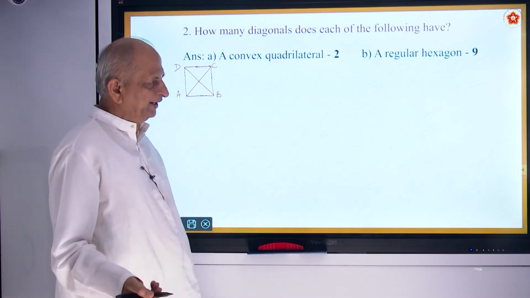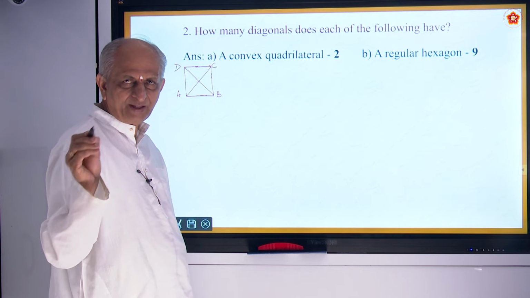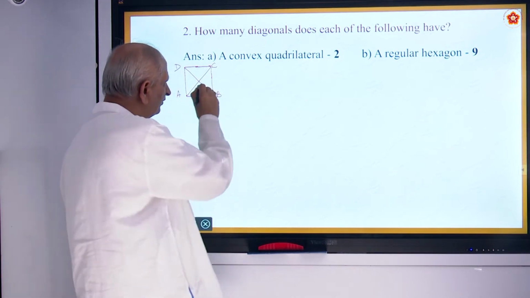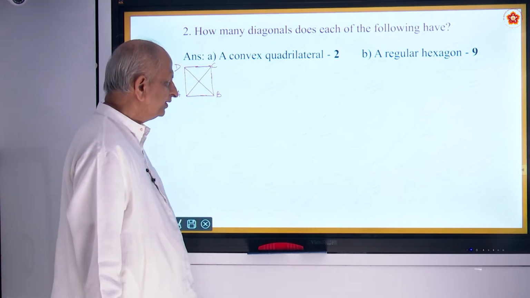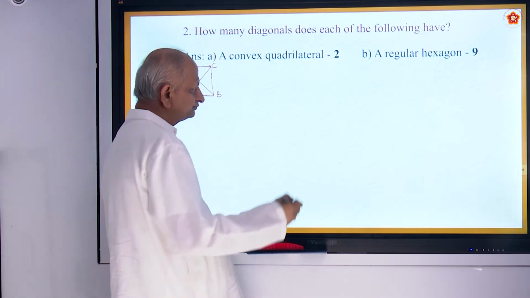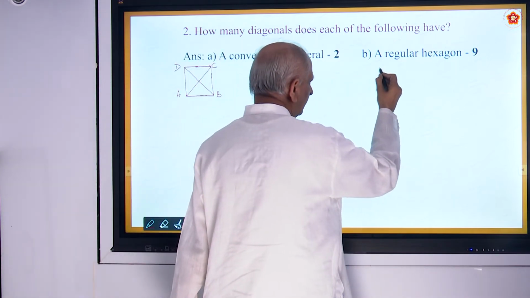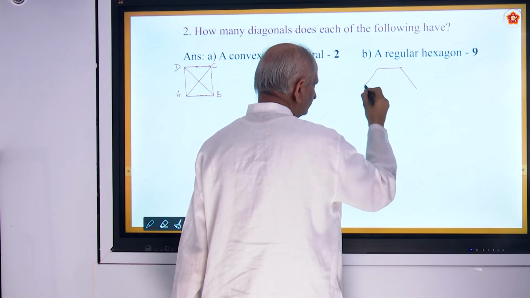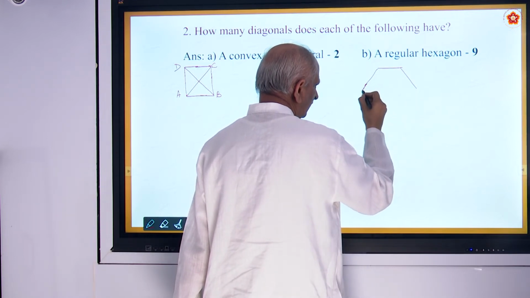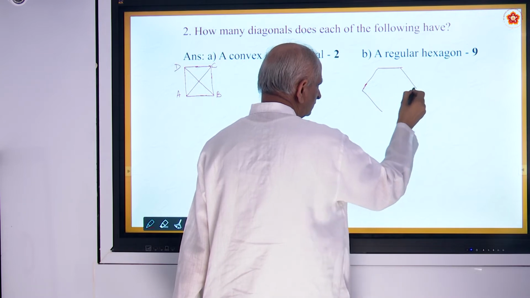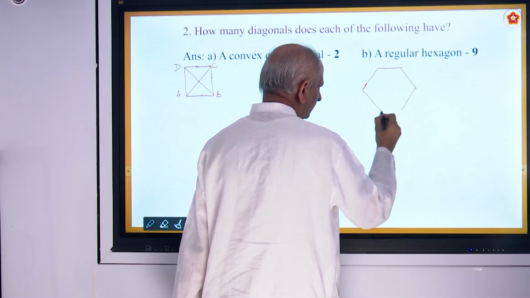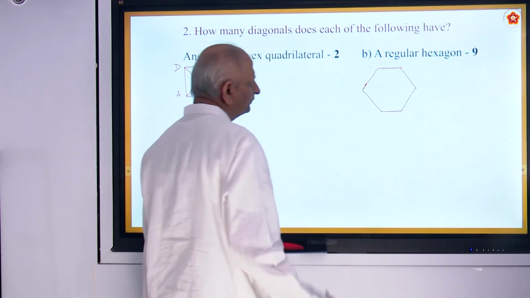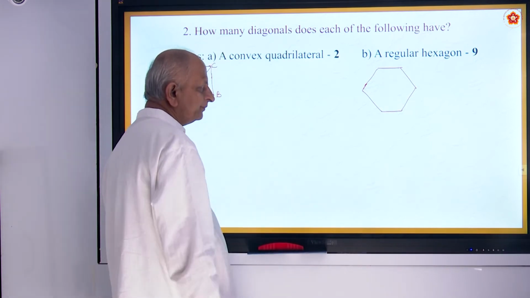It may be a square, a rectangle or a rhombus, whatever it is, all of them will have only 2 diagonals. In case of a hexagon, there are 9 diagonals. You can try this carefully. I am drawing a rough figure. It is not an exact figure. 9 comes.